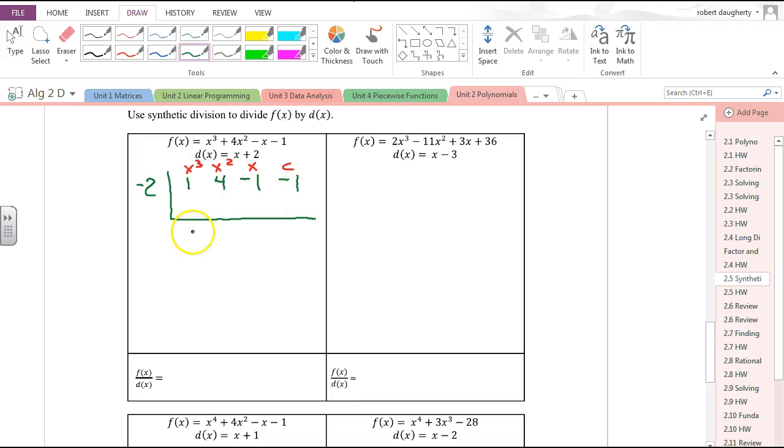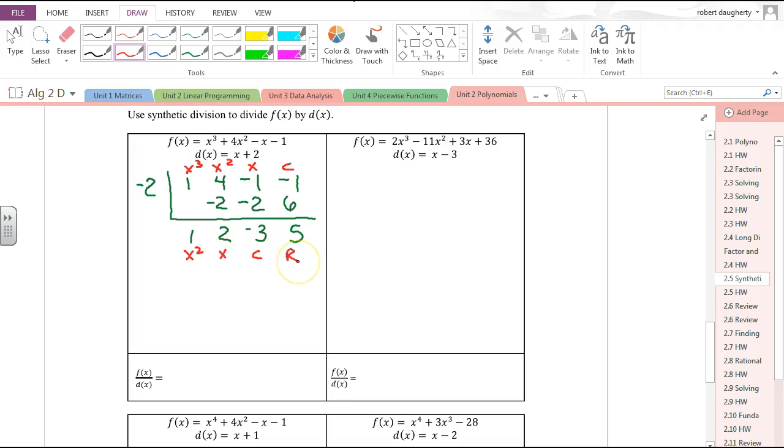So if I bring the 1 down, what's 1 times negative 2? Negative 2. 4 minus 2 is 2. Negative 2 times 2 is negative 2. Add those to get negative 3. Negative 2 times negative 3 is 6. Add that to get 5. So is this a factor? It is not. This corresponds to my x squared. That's my x.